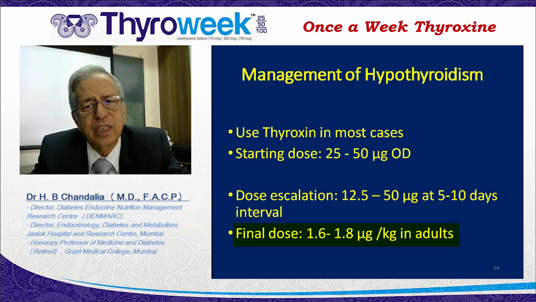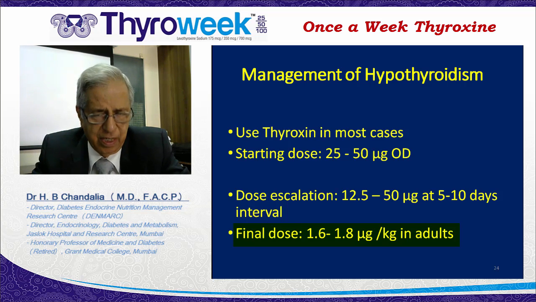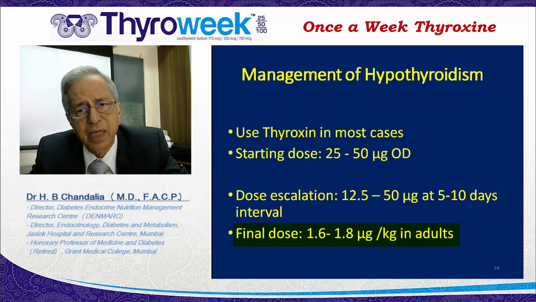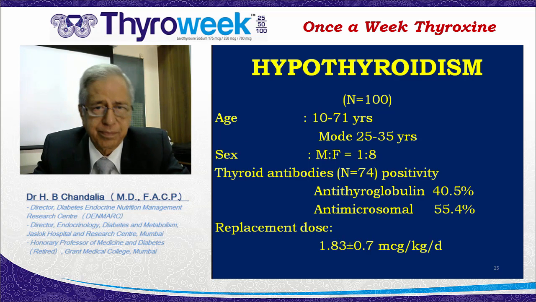Remember that this is connected with the lean body mass of the patient, and therefore it should be 1.6 to 1.8 microgram per kg of ideal weight, where the adipose tissue is not considered, because thyroxine primarily has effect on the muscles and of course on the bone, but not as much on the adipose tissue, and hence the dose is connected with lean body mass.